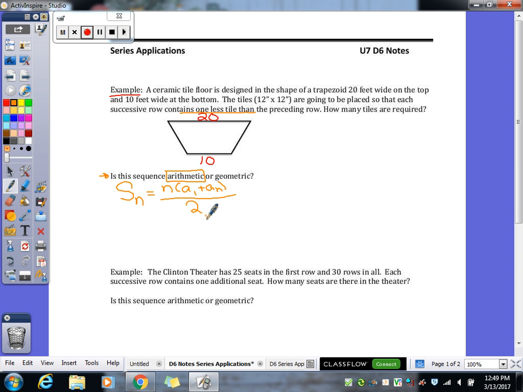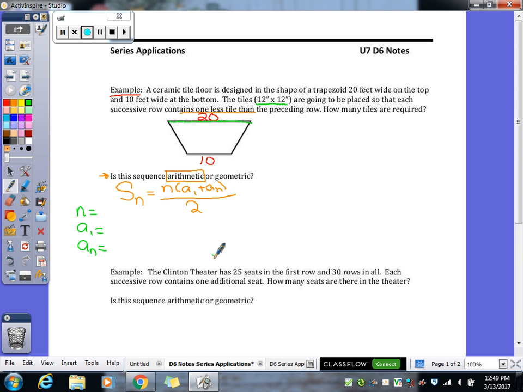In order to use that formula, the three things we need to know are n, a sub 1, and a sub n. So we have to break down our problem. Up here is 20 feet, and our tiles are 12 inches by 12 inches, which is 1 foot by 1 foot.